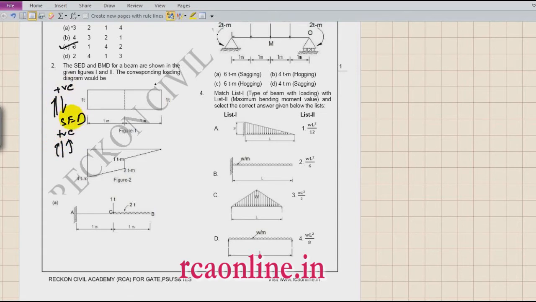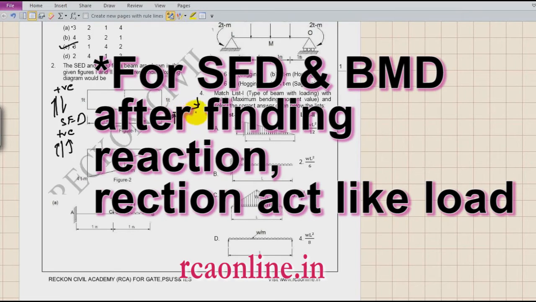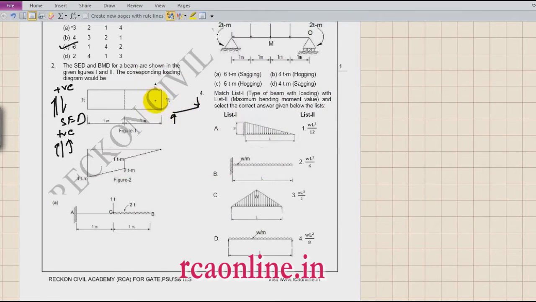So if you take this, I get one load here and one load here. Load can be reaction also, as I discussed in my video, that after finding the reaction it becomes a load. This is what I get from SFD.